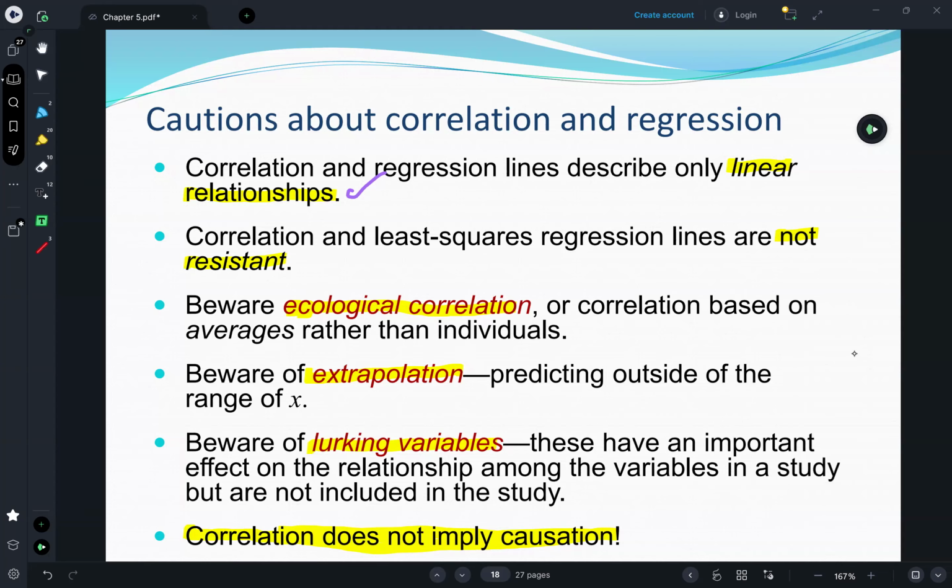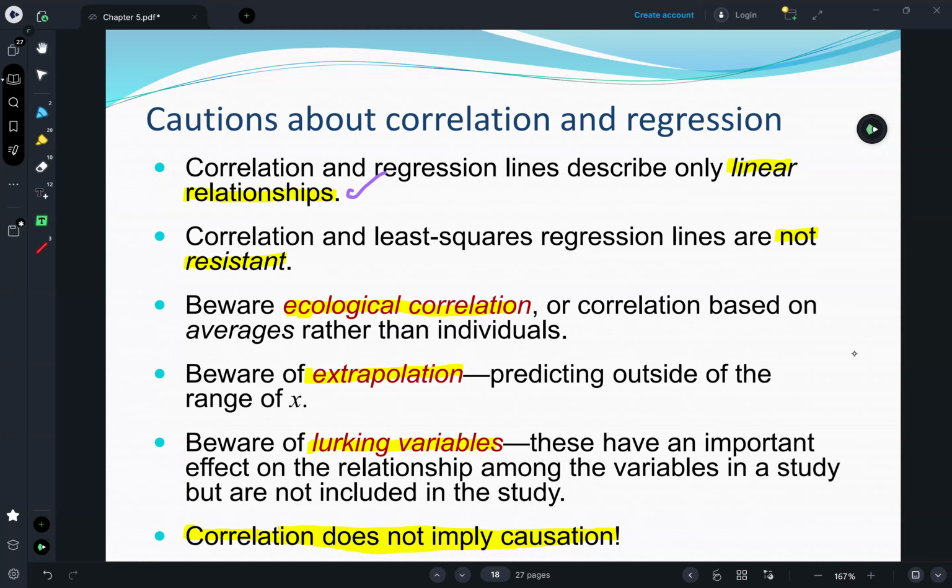We also want to be aware of ecological correlation, and beware of extrapolation. I'll show you what those mean in the next slide. And lurking variables have an important effect on the relationship. Those are variables that are not included in the study, outside factors that could be influencing the correlation.